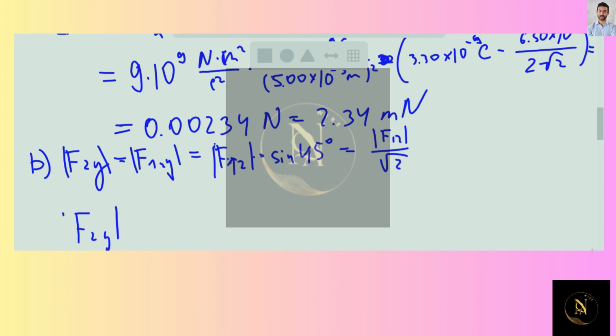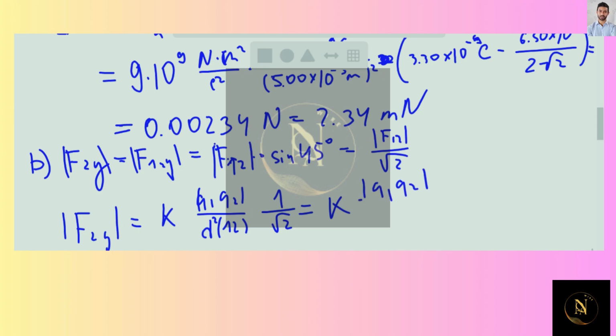Now let's complete this calculation. F12 equals k q1 q2 absolute over distance 12 squared, divided by square root of 2, which equals k q1 q2 over a squared multiplied by 2 square roots of 2.